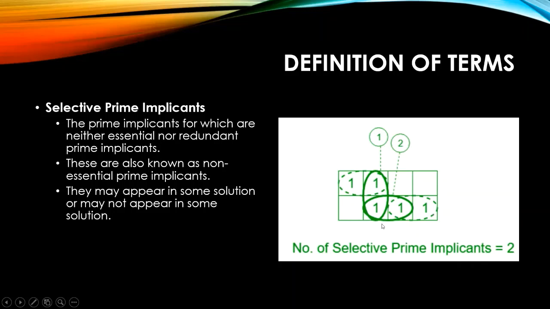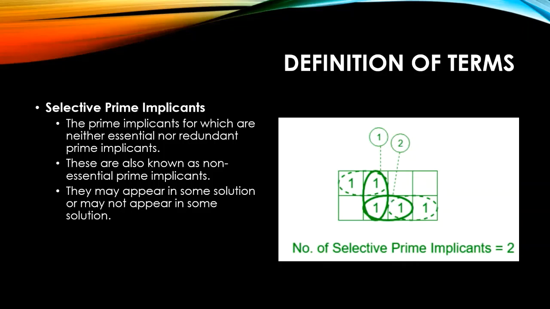So we have this product term, or this min term, which is not part of another group. And don't forget, we need to maximize the group size. So we need to group it with another one since it is adjacent to it.